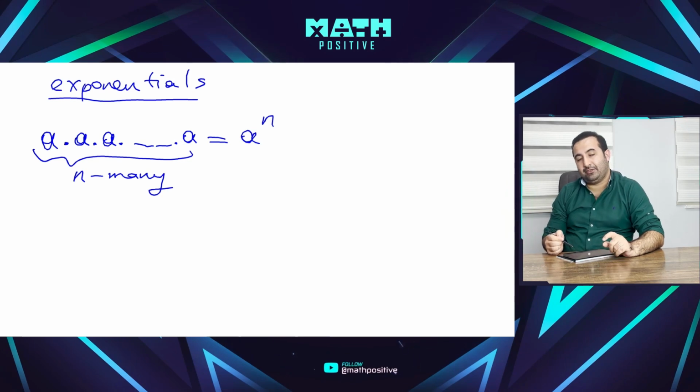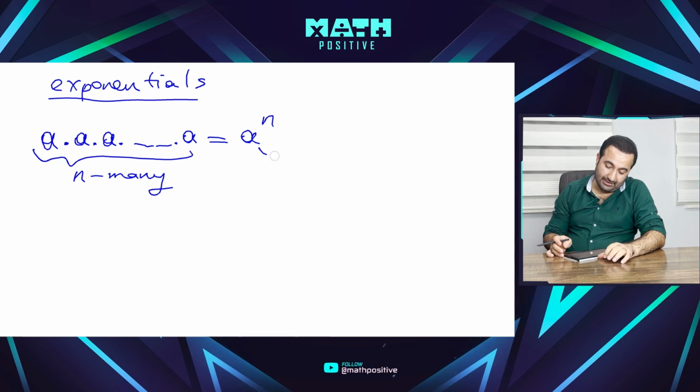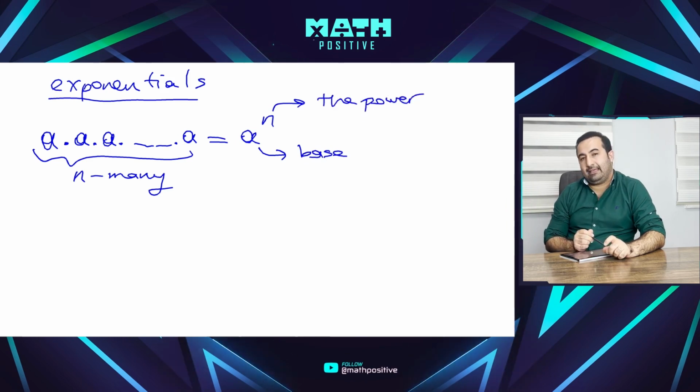As a definition, exponentials can be written like this: the product of n many a's will be shown as a to the power n.